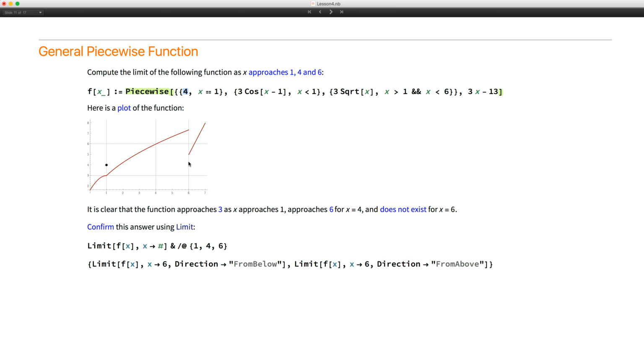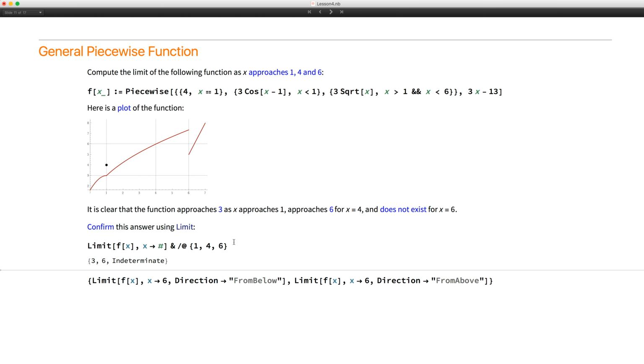So it would look like when you approach 1, the value must be 3 for the limit. That's 3 over here. When you approach 4, the answer must be 6. That looks clear as well. Now, when you approach 6 itself, the limit does not seem to exist. And you can confirm this by using the limit function.